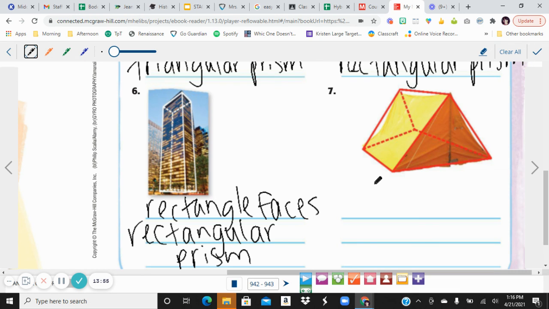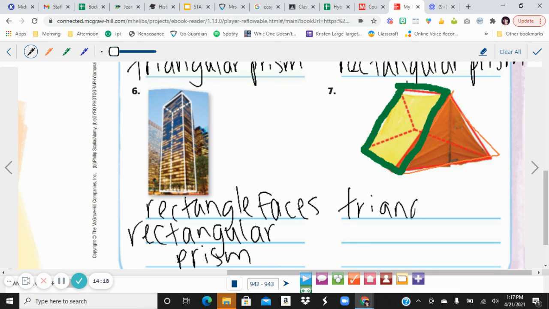And then finally, number 7, the faces that I see are, this one is a triangle right there. And then this guy on the side, if I change my color here, maybe you can see it. It looks like a square or a rectangle. So we'll write that down, that we have triangle and rectangle faces.